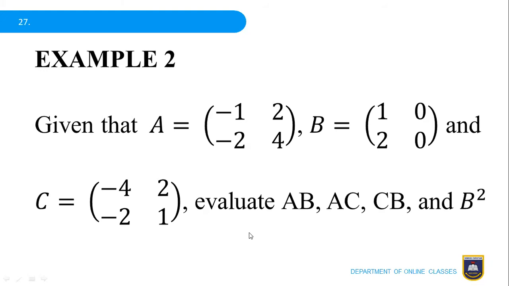Okay, Theophilus, your hand is up. Yeah, I had [3, 0; 6, 0].